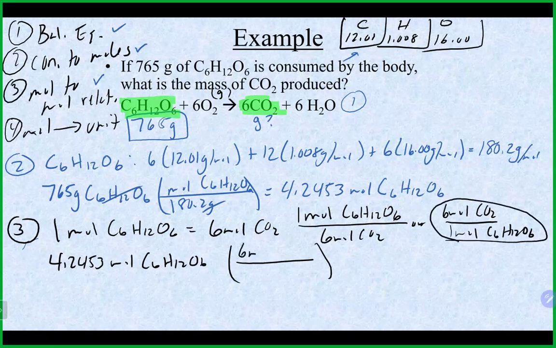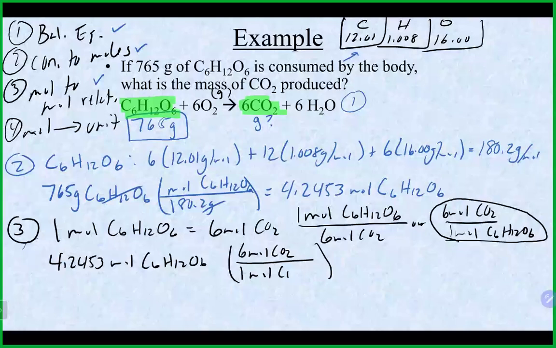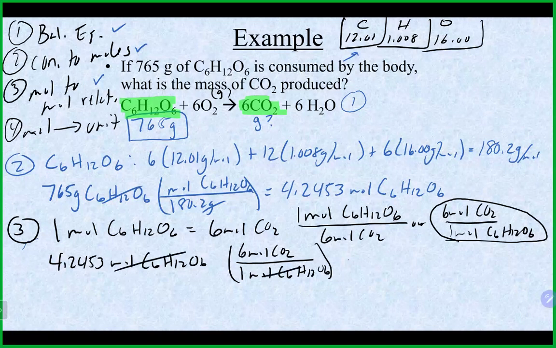And that's going to give us 6 moles of CO2 up on top and 1 mole of C6H12O6 on the bottom. Again, those are going to cancel. And we're going to multiply basically our number by 6 here. Again, multiplying the top, dividing the bottom. And that's going to give us 25.4717 moles of CO2. Any questions so far?